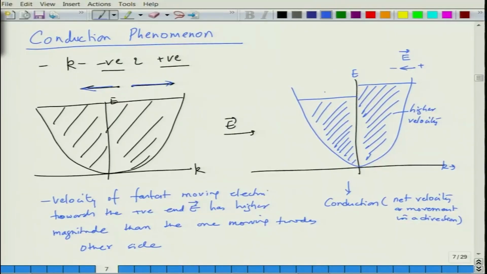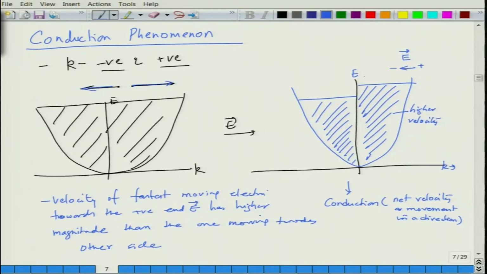If you did not have states, this distribution would not have taken place. Since the states are quantized but available, the electrons can hop from one side to another, leading to a net movement of electrons in one direction.